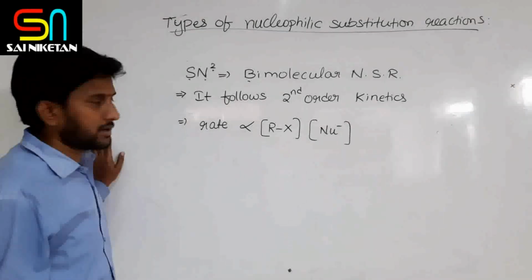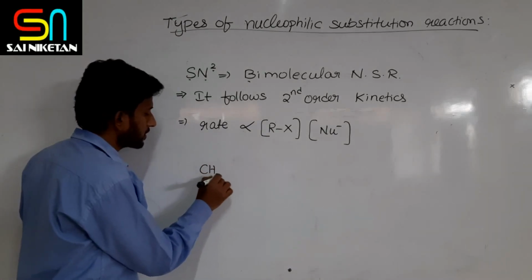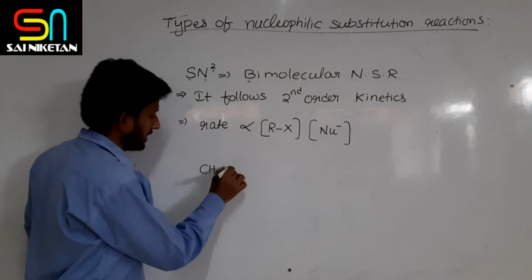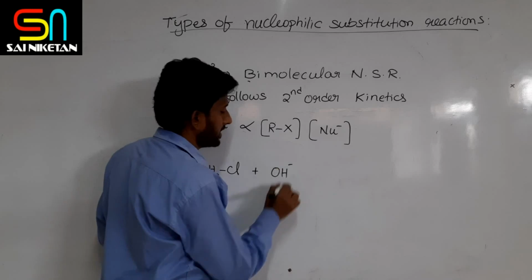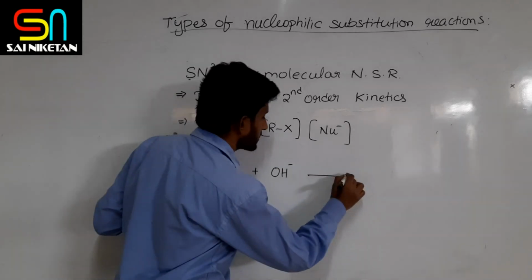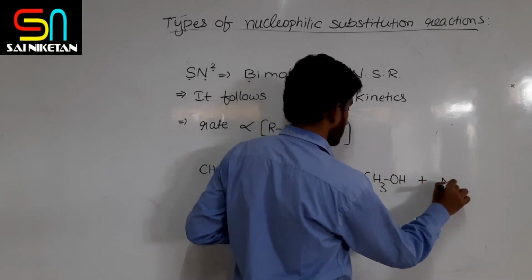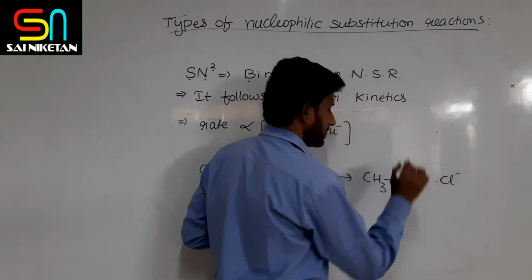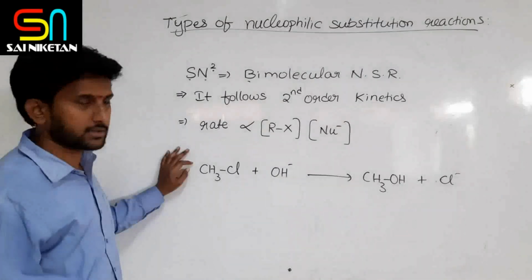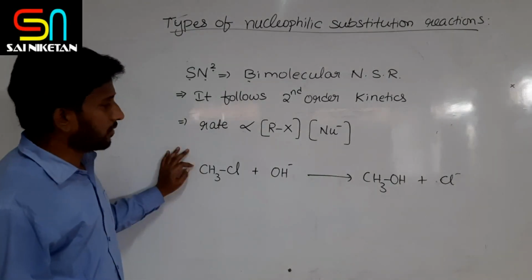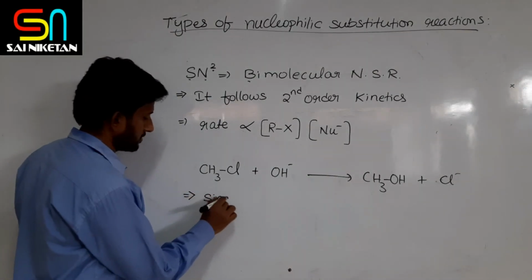One example: methyl chloride on reaction with any nucleophile, let us take the base OH minus ion, gives rise to methyl alcohol plus Cl minus.